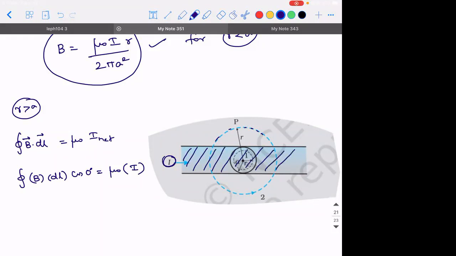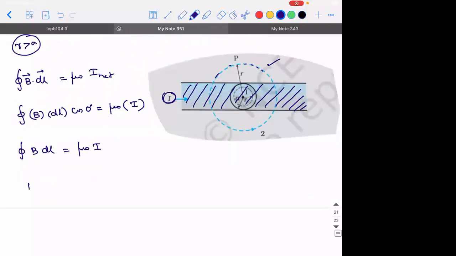So outside that area, if you take any value, the current enclosed by this Amperian loop is still going to be I only, right? So the line integral of B into dl will be equal to mu naught I because cos 0 is 1. So B into line integral of dl is equal to mu naught I, which implies B into, what is the line integral of dl here?